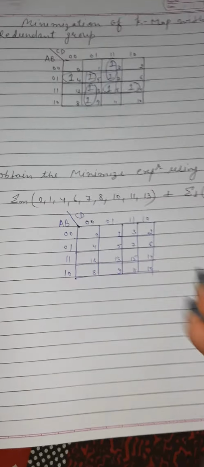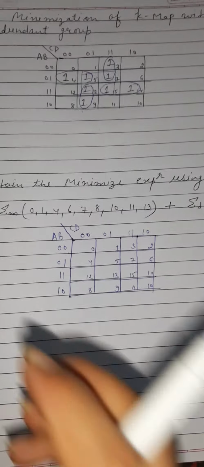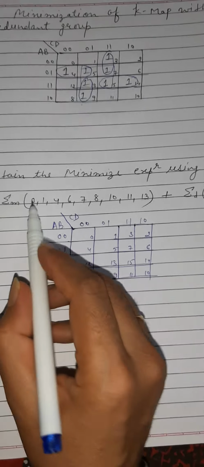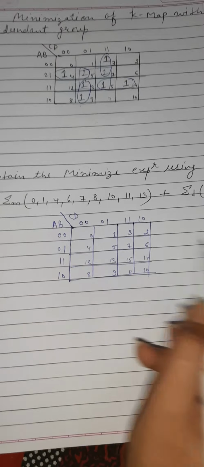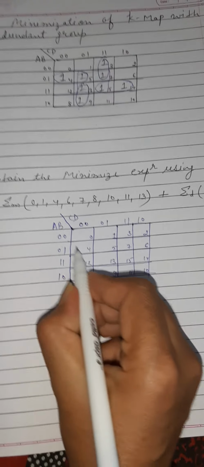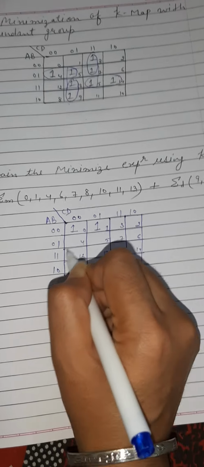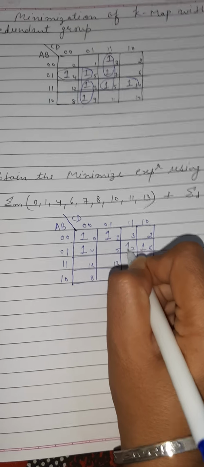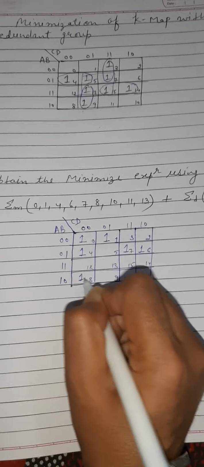Now these are the minterms. Fill these minterms in this K-map. The positions are 0, 1, 4, 6, 7, 8, 10, 11 and 13.